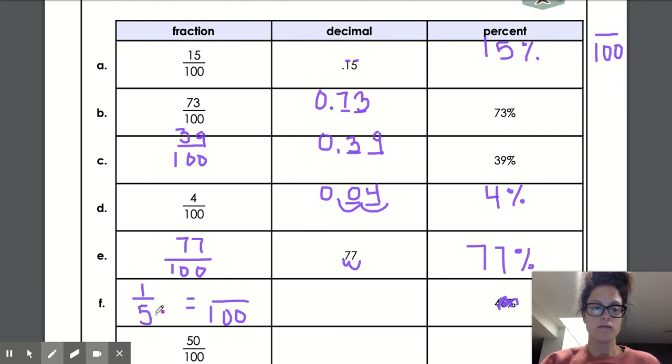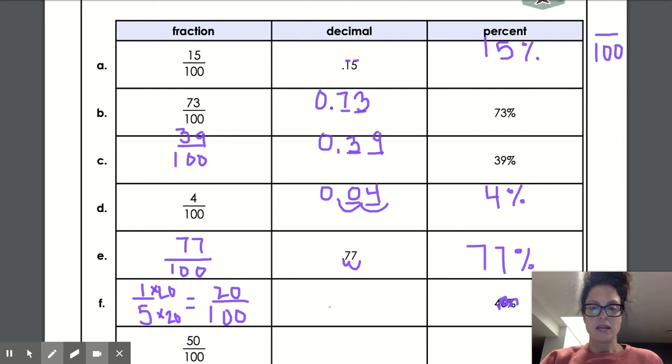So I know 20 groups of 5, if I count by 5s till I get to 100, makes 20. Okay. So now I can multiply this by 20. And so now I get 20 out of 100, which equals 20% or 20 hundredths.